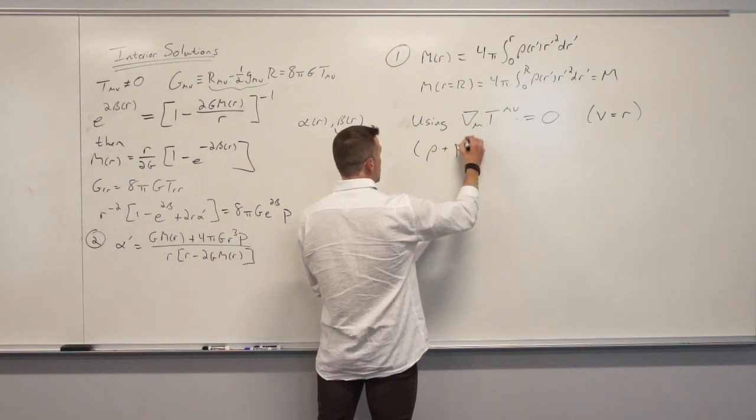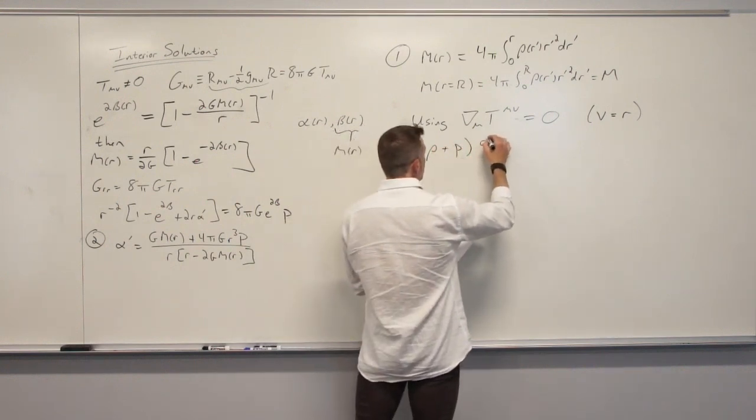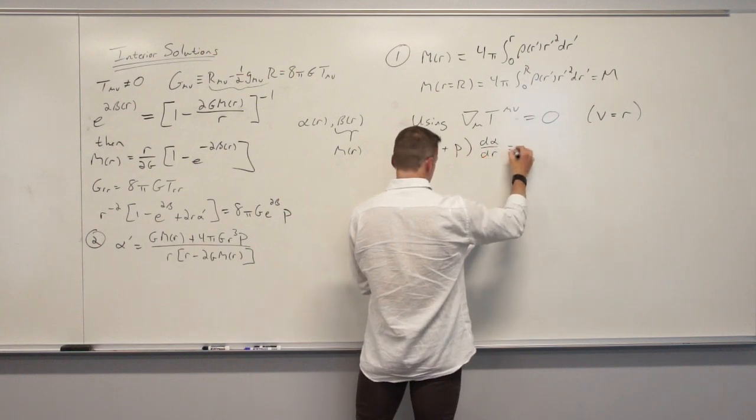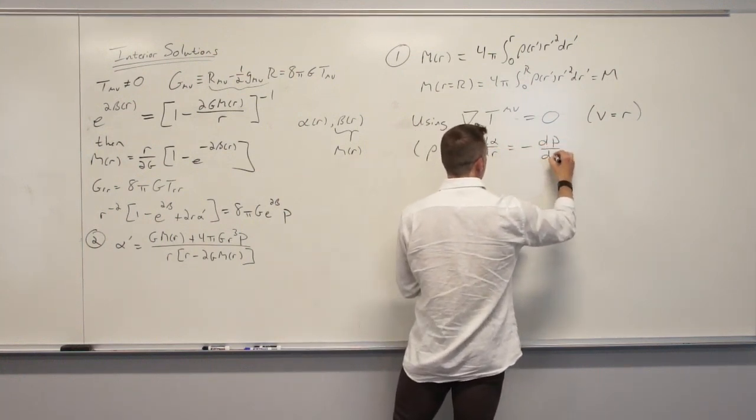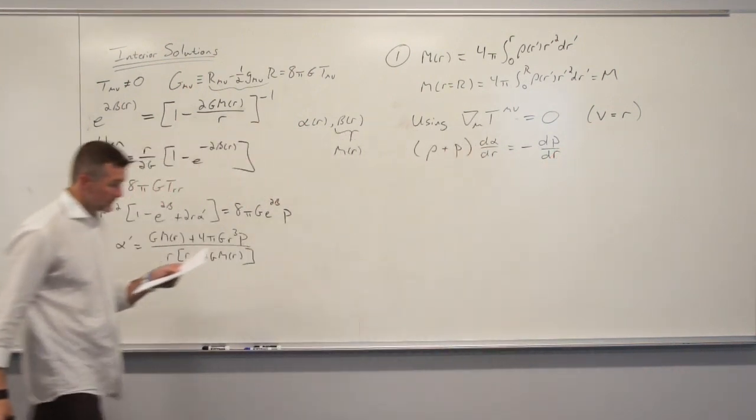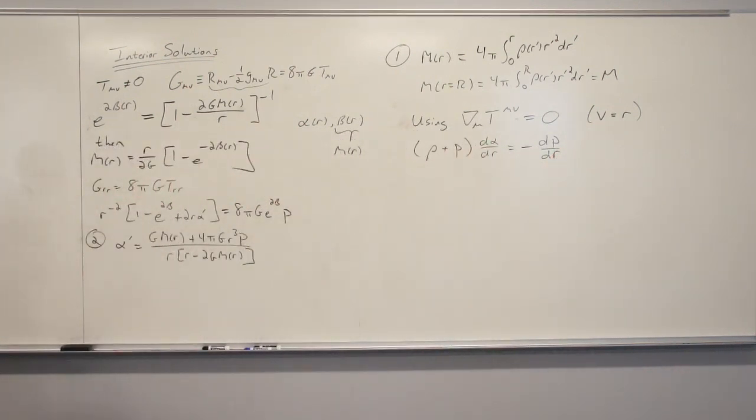Rho plus p times d alpha dr, which I'm also calling alpha prime, is minus dp dr. Okay?